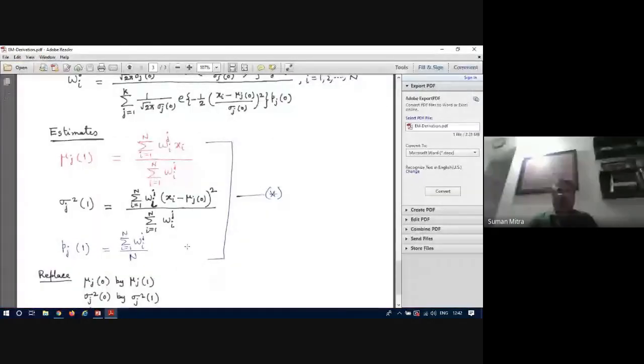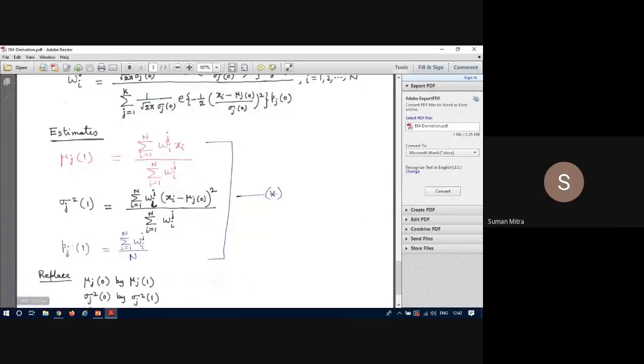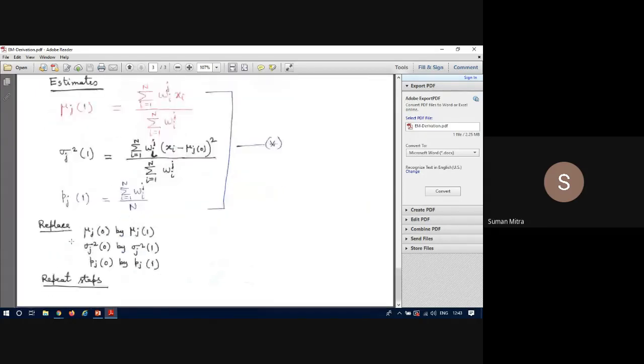So this is the estimates of mu j, sigma j, and pj. Pj is the weight. What is the weight? Weight is summation i equal to 1 to n of wji divided by capital N. Capital N is the number of data points. Right? In the next step, we'll replace mu j0, sigma j0, pj0 by mu j1, sigma j1, pj1, and then again repeat the steps.